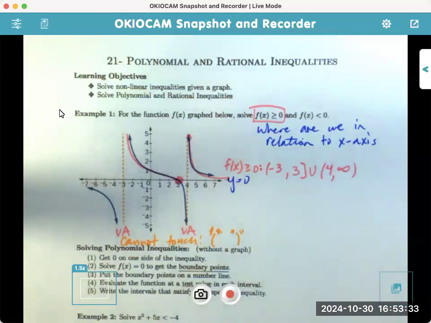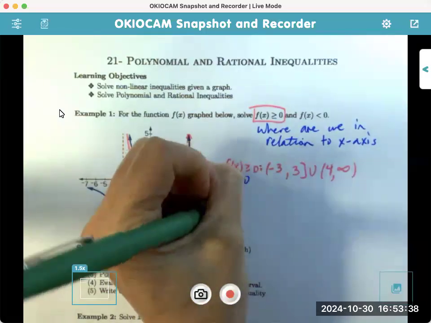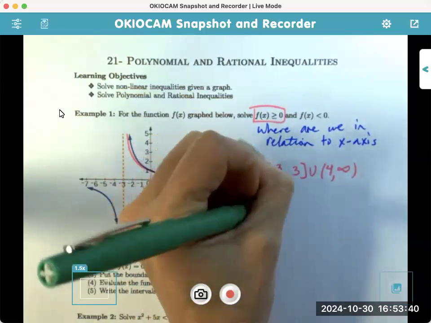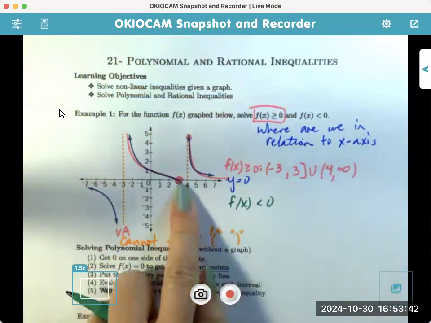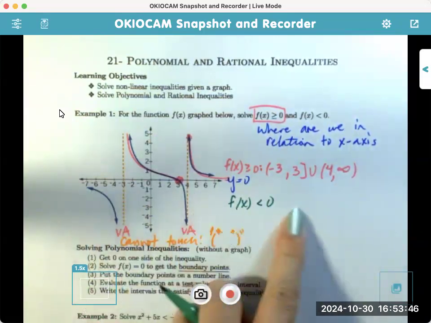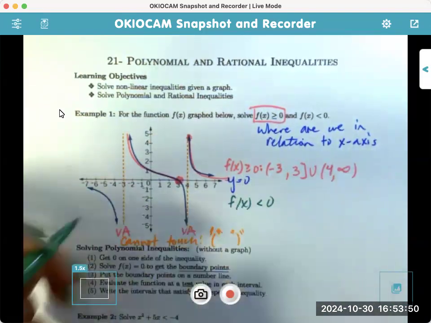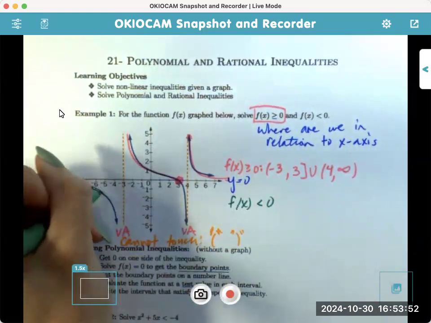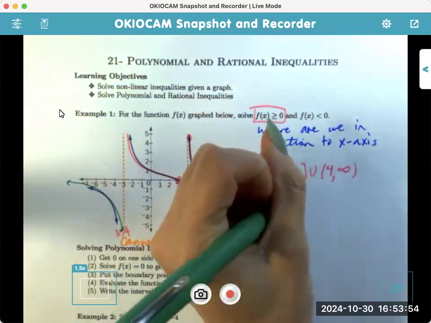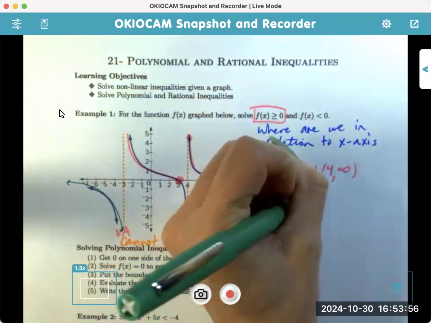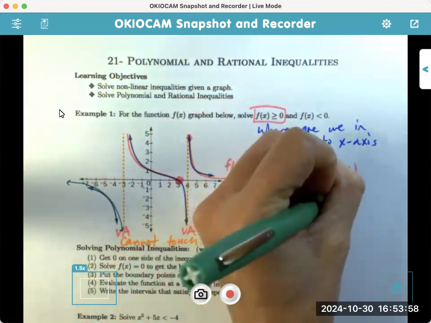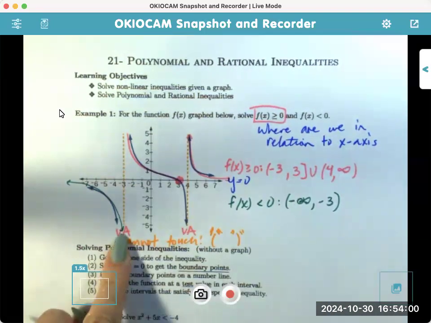In green, if I do f of x less than 0, so strictly less than 0, meaning we're not going to include any x-intercepts, so we're going to use parentheses all the time. That's this area right here. So say negative infinity to -3, again parenthesis, because it's a vertical asymptote we cannot touch.